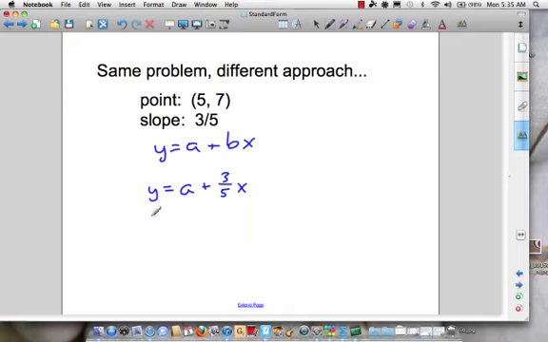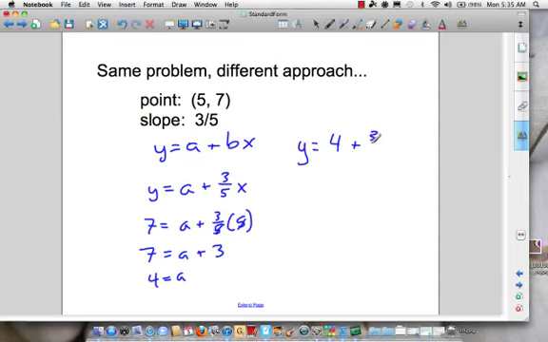So what I'm going to do, this is the different approach, I'm going to plug in a 7 for y, a plus 3/5, and a 5 for x. And then I'm going to solve for a. So 7 equals a plus 3, subtracting 3 from each side, 4 is a. And then realize you're not done, you have to plug in that 4 for a, 4 plus 3/5 x, which should be the same thing I got on the prior screen.